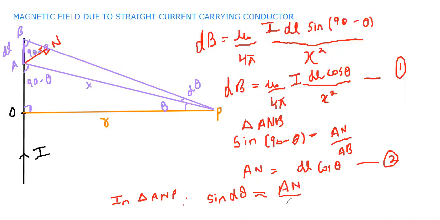Now this step you have to remember. d theta would be very small, so sine d theta can be written as equivalent to d theta. So AN would be AP d theta, and the value of AP is x.